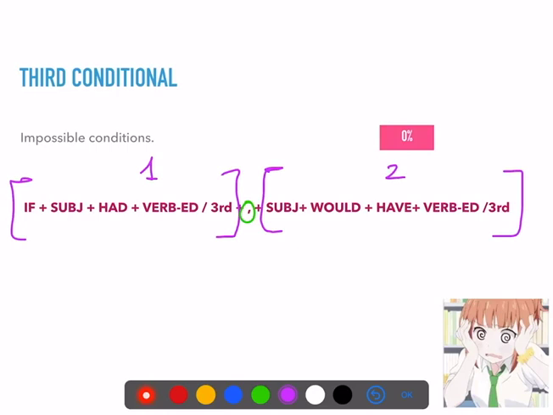Maybe with an example we can understand it better. If you had studied, you wouldn't have failed. It means, si tú hubieses estudiado, no habrías suspendido.